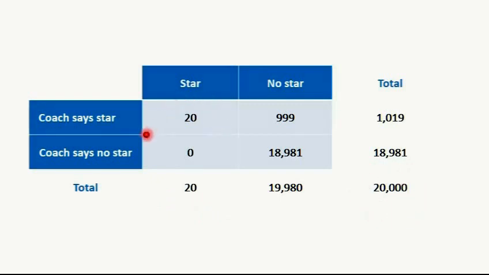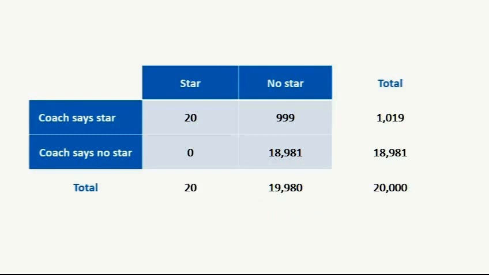Here we see there is no false negatives. The false negative rate is 0, and the true positive rate is 100%. And here we see the 5% false positive rate, 999 over 19,980.